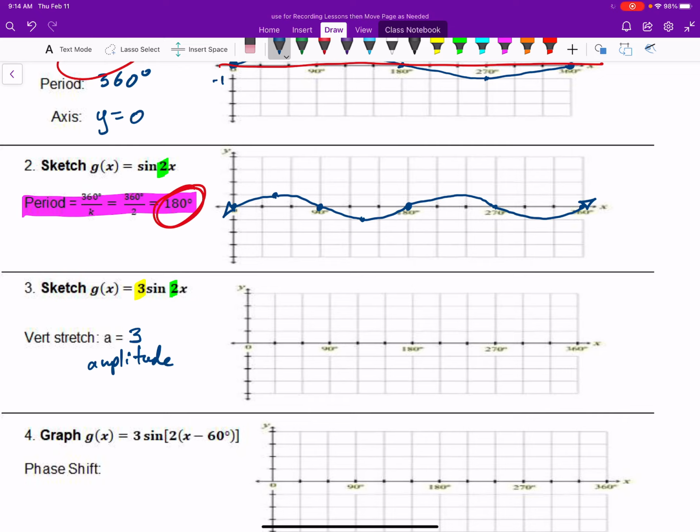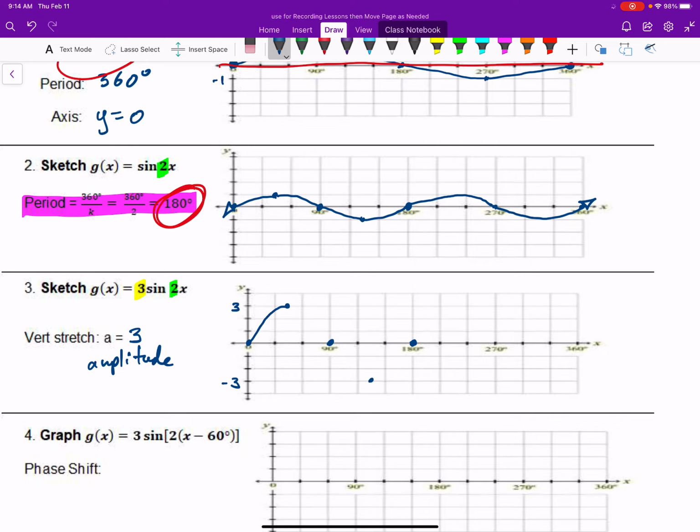And if the axis of the curve hasn't moved, then all I have to do is make all the points that are off the x-axis 3 times as high. So again, it's going to go from 0 to 180. It's going to have the maximum at 45 degrees, but now instead of being at 1, it's going to be up at 3. And the minimum, instead of being at -1, is now going to be at -3.